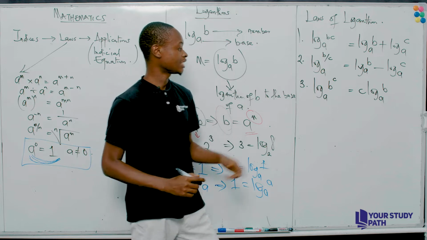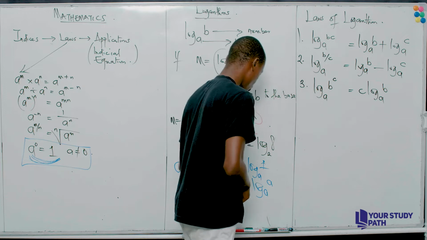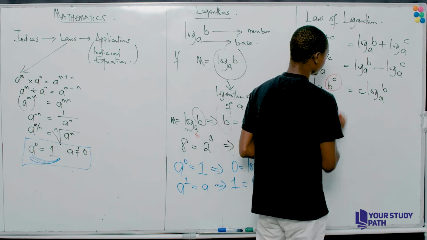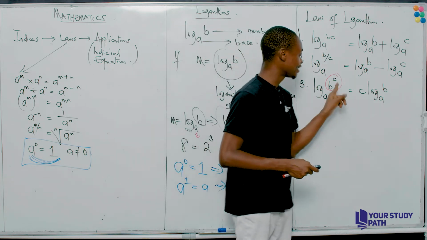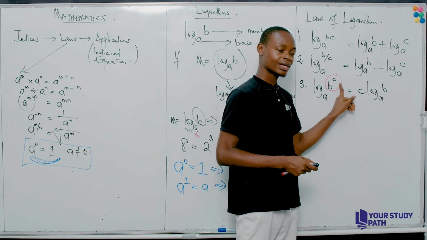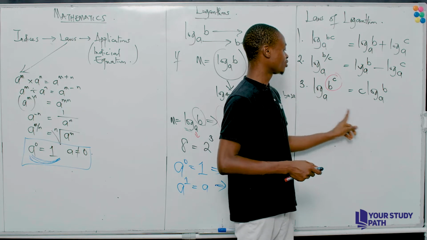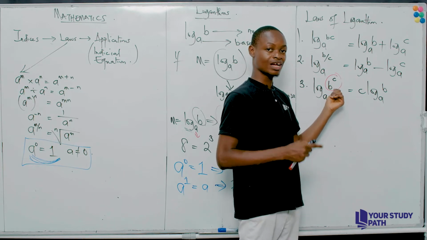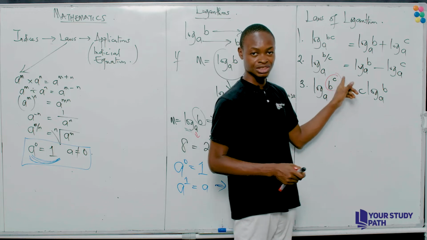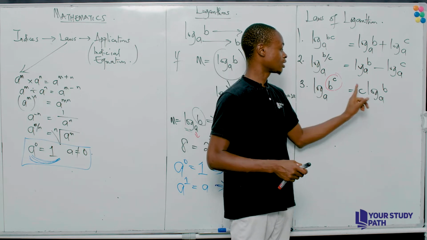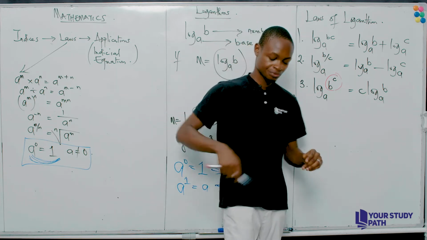Essentially, what this means is that if the number you have is in fact an index, because you would see that b raised to the power of c here is the index that is taking the position of the number, then the topmost power here can be swapped to the front, and then you have the log of the base of that number to the base of the log. So log b raised to the power of c to base a gives us c log b to base a. Simple and short.